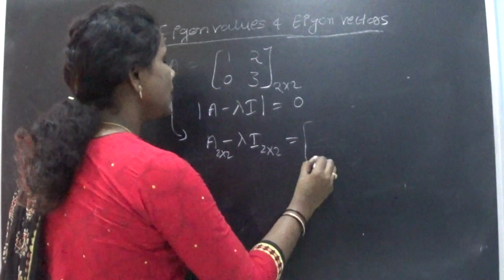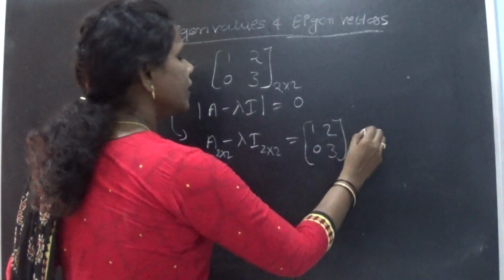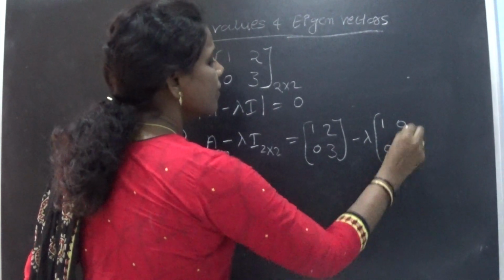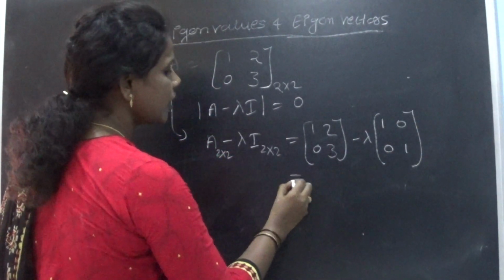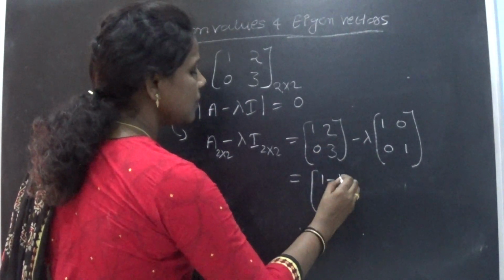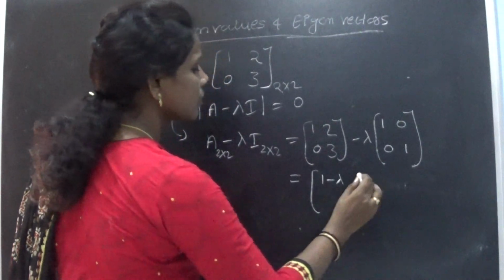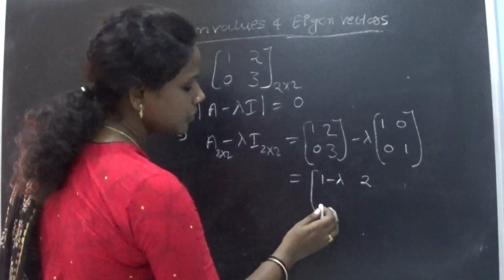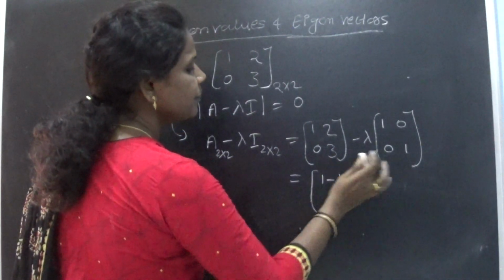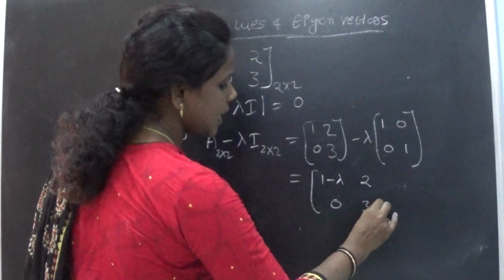Then it will be [1, 2, 0, 3] minus lambda times [1, 0, 0, 1]. Now if you simplify, the first element in the first row is 1 minus lambda. The second element in the first row is 2. Next, the second row: the first element is 0, and the second element in the second row is 3 minus lambda.